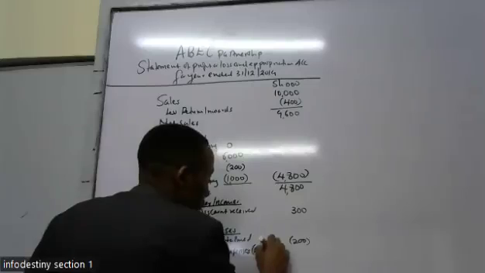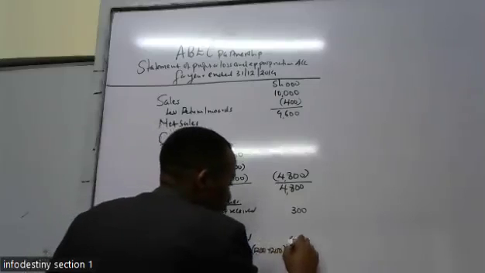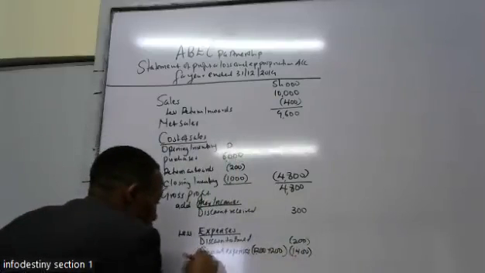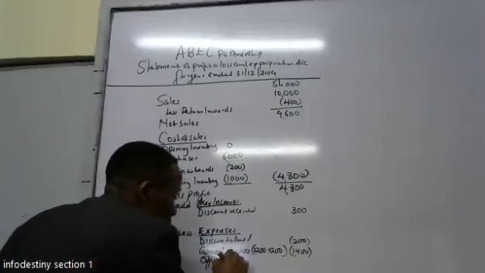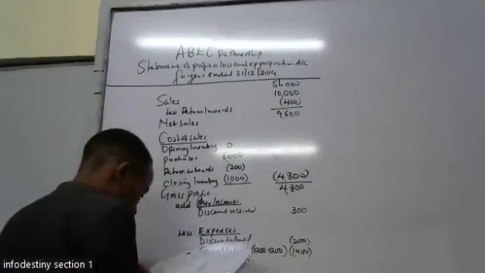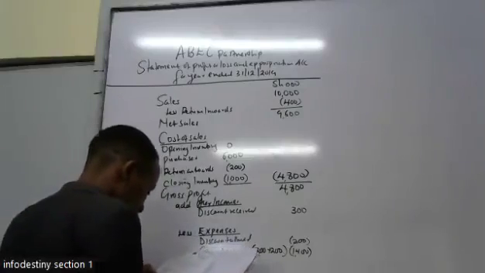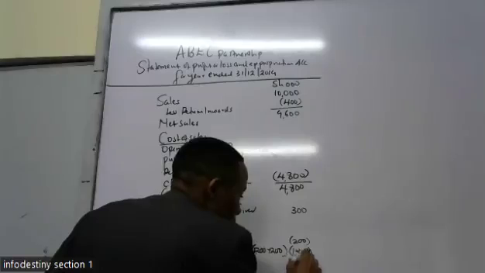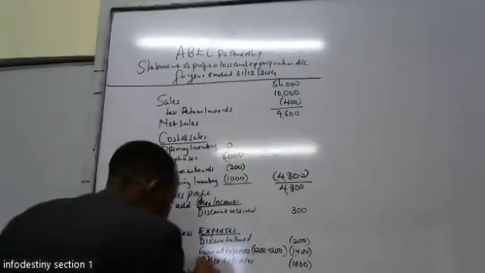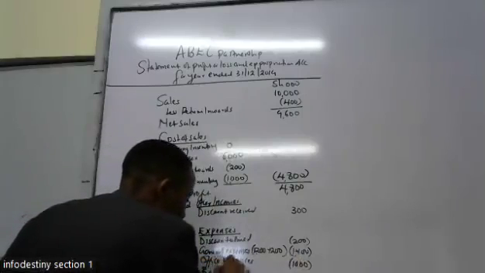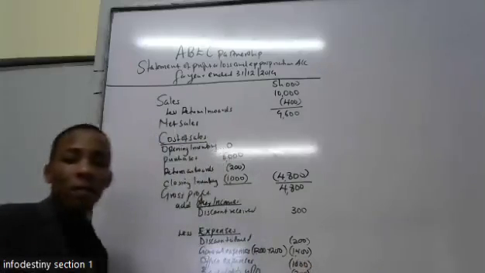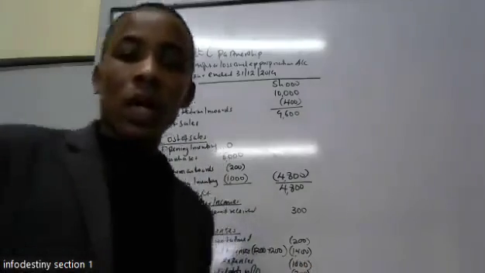So 1,200, we add 200 on top, we get 1,400. Then the next one is office expenses, we have 1,000. Bad debts written off of 200.